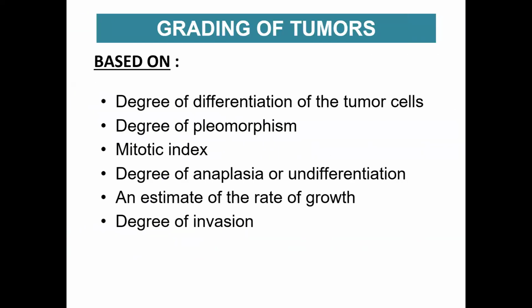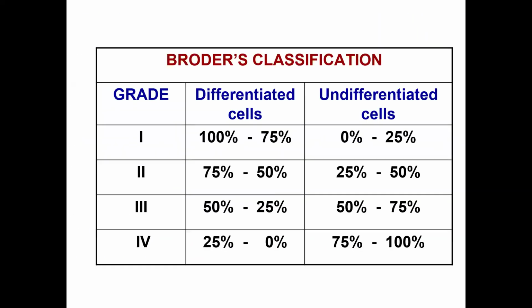This is an example. Also, this is based on, again, the degree of differentiation of the tumor, degree of pleomorphism, mitotic index, degree of anaplasia or undifferentiation, also an estimate of the rate of growth and degree of invasion. So this is an example of grading.